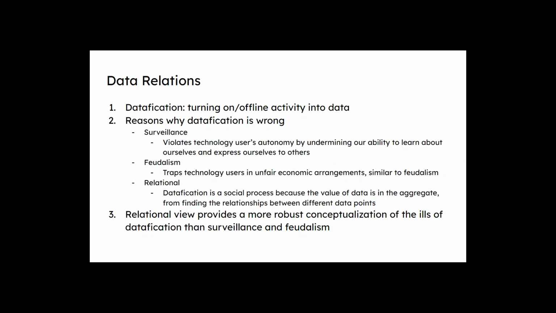So with surveillance, this is violating technology users' autonomy by undermining our ability to learn about ourselves and express ourselves to others. And so I think this is much more of a traditional view, especially when it comes to privacy. Especially, I'd say in the U.S., it's much more of a prevailing view, because we don't want government surveillance.